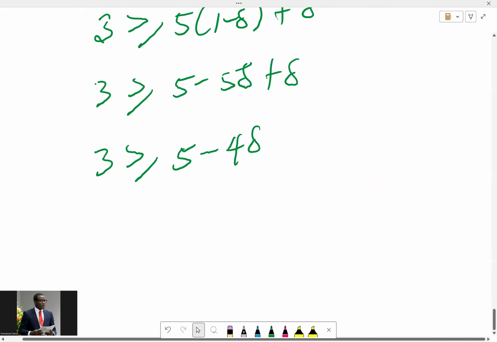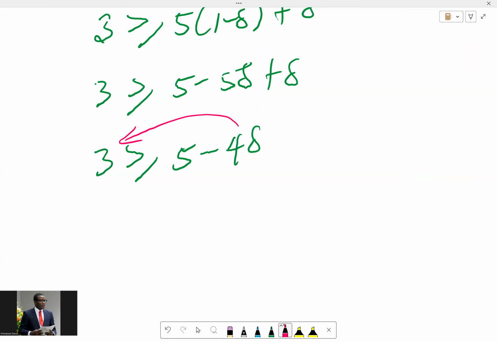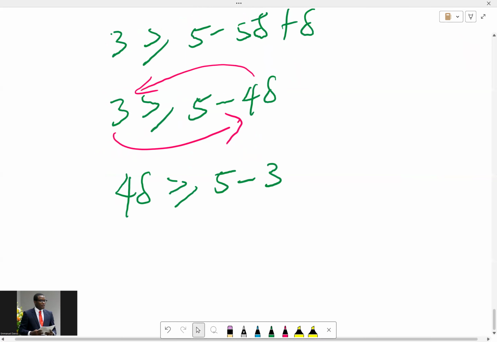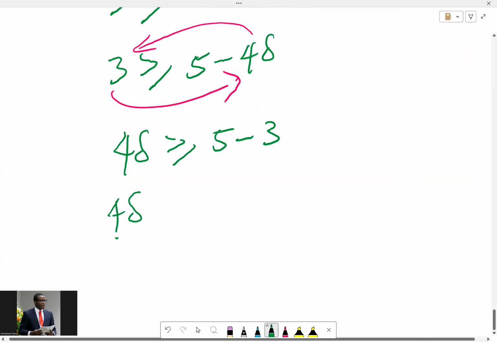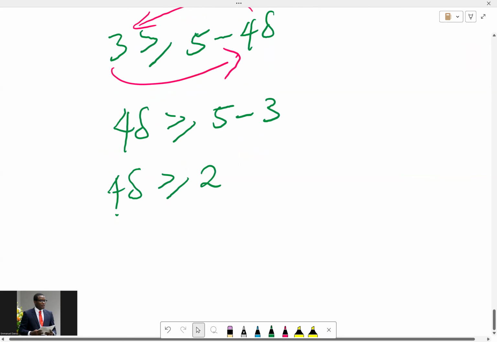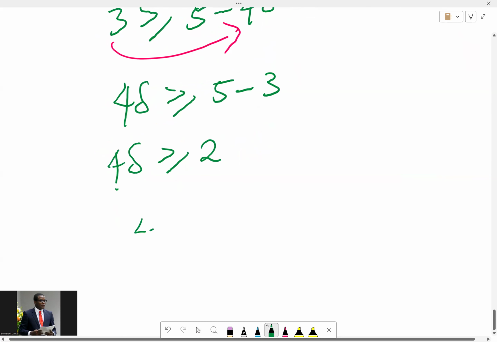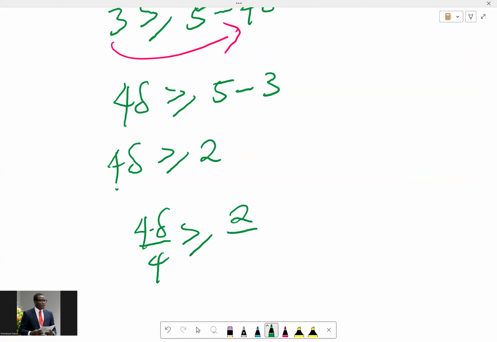If we transfer 4 delta and transfer 3, we have 4 delta greater than or equal to 5 minus 3. So 4 delta is greater than or equal to 2. And if we divide both sides by 4, 4 delta over 4 is greater than or equal to 2 over 4.